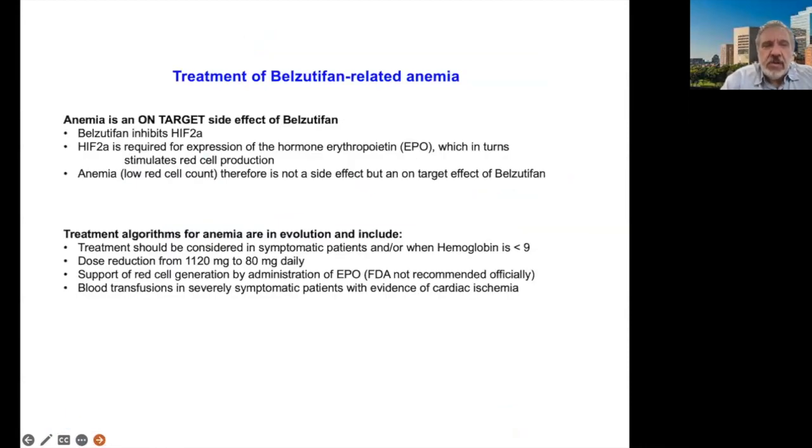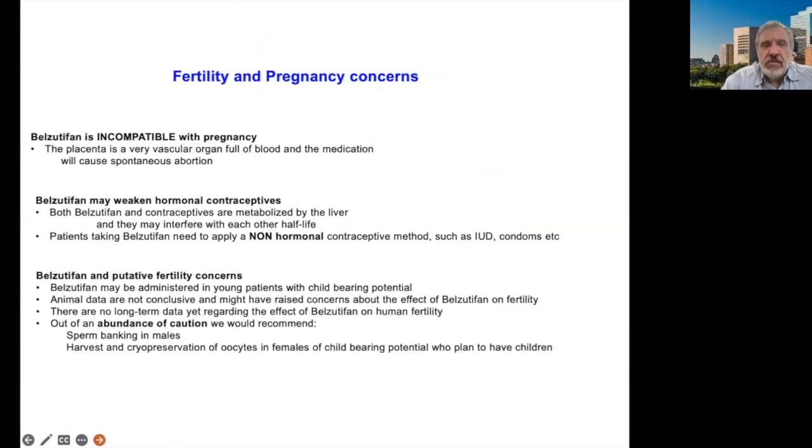How about other concerns? So belzutifan is not compatible with pregnancy. The placenta depends on HIF2 alpha. If we inhibit HIF2 alpha, the placenta shrinks, and belzutifan causes spontaneous abortion. That means somebody who decides to become pregnant cannot be on belzutifan.